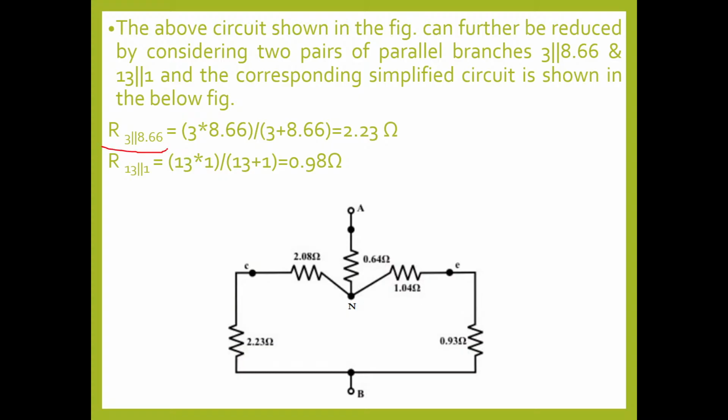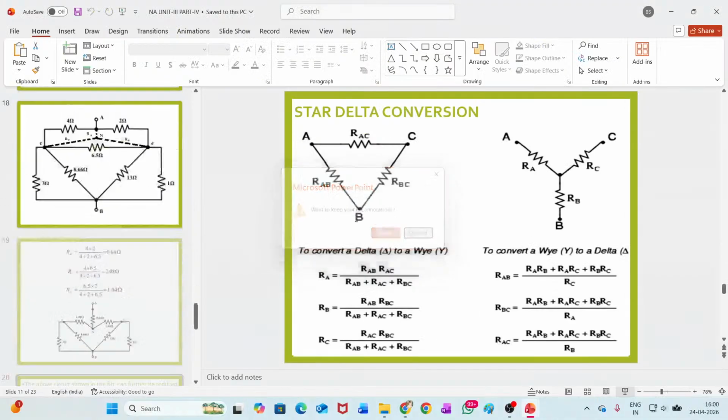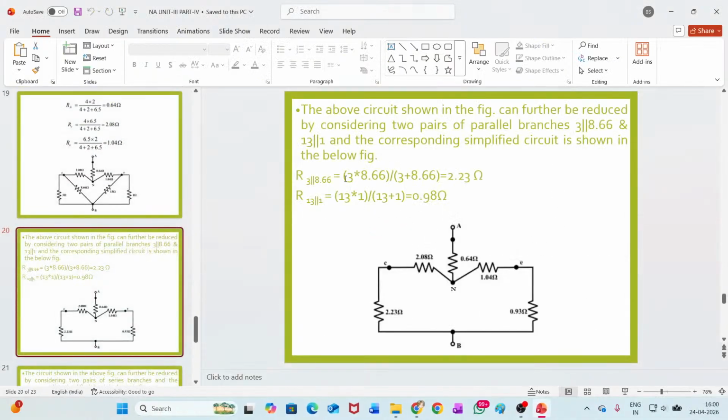See here, the resistance of 3 parallel to 8.66, and the resistance of 13 parallel to 1. 3 into 8.66 divided by 3 plus 8.66, and 13 into 1 divided by 13 plus 1. I can write this in terms of an equation. I don't know why I didn't write it earlier.